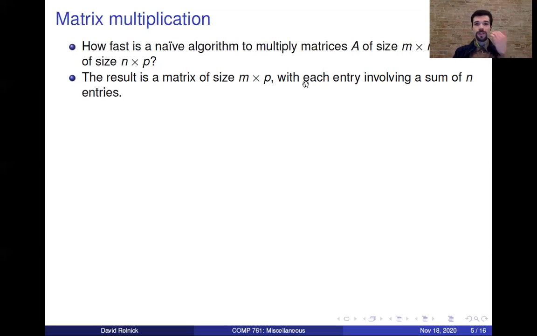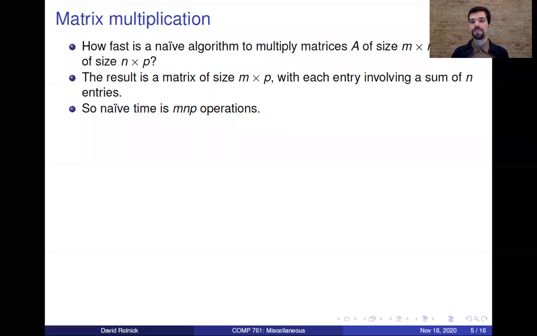So given that each of these m p entries is the sum of n different things, the naive time is just m times n times p operations. Or really, it's theta of that. So it's theta of m n p operations. I'm going to write it as m n p.